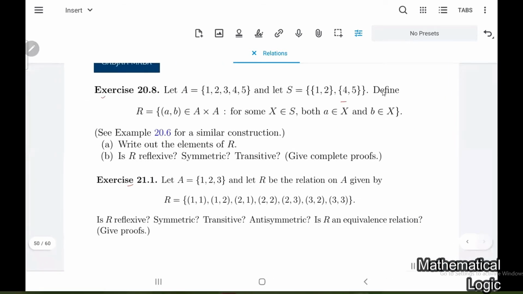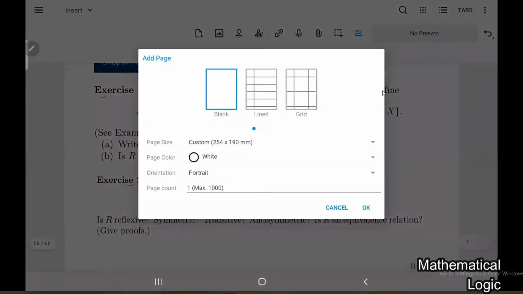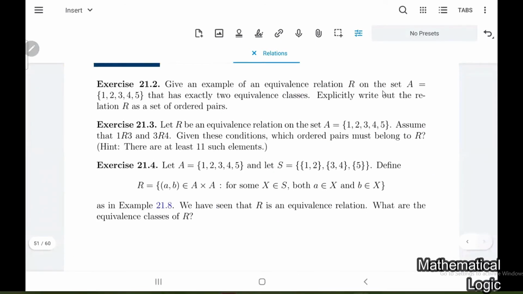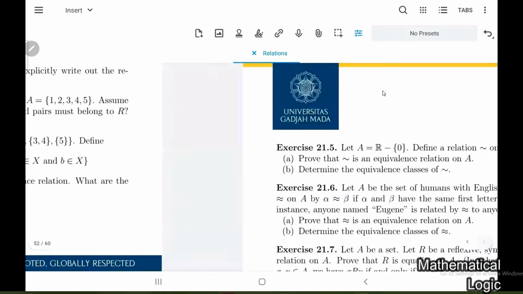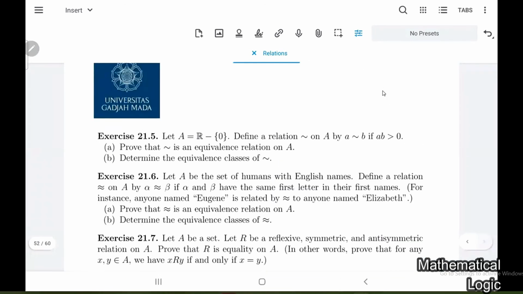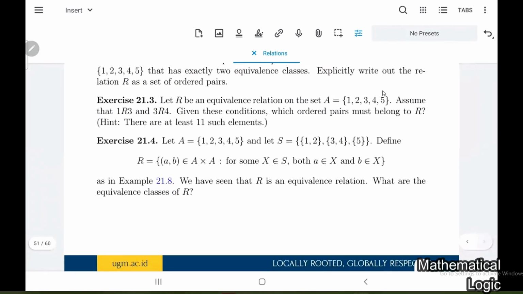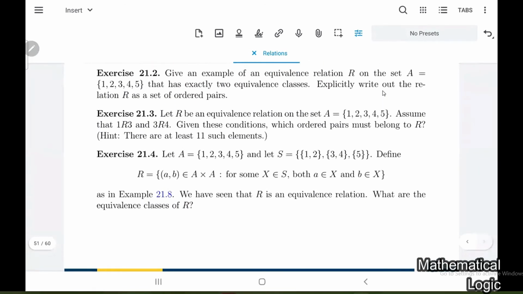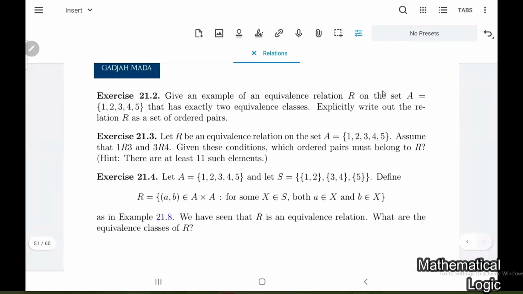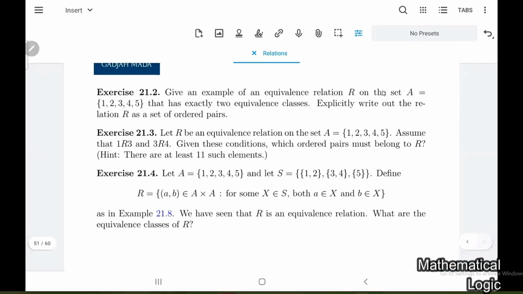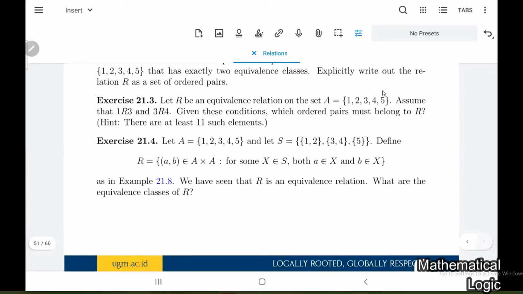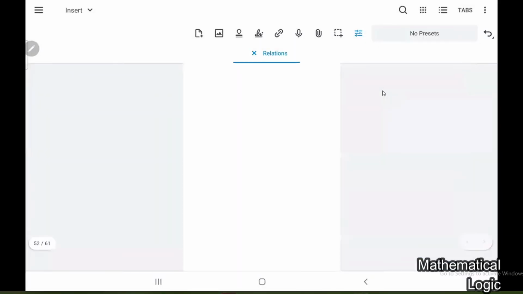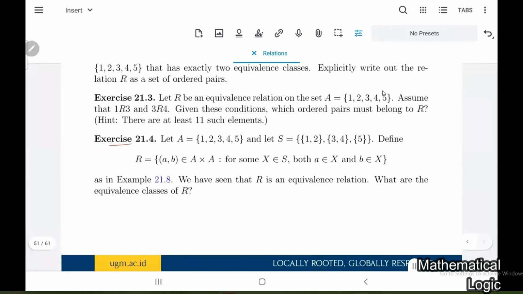Since we have limited time, I will give you this one first, because this one will explain the equivalence classes.